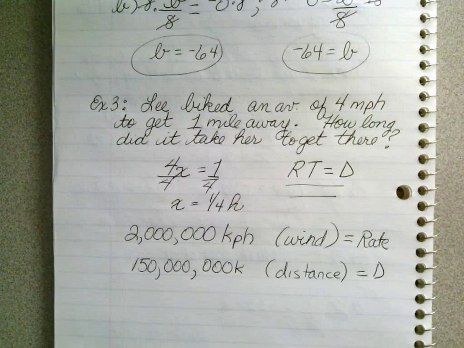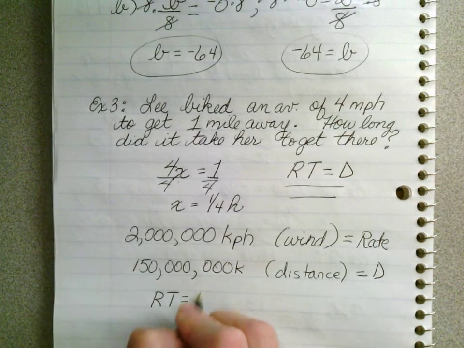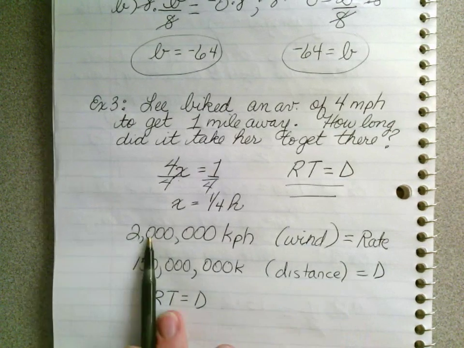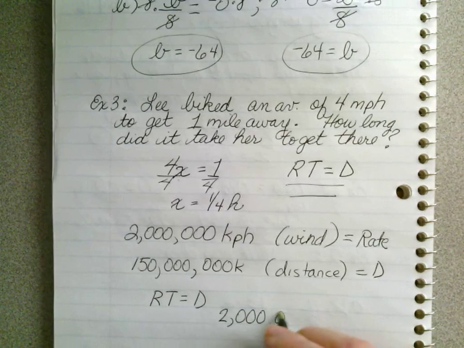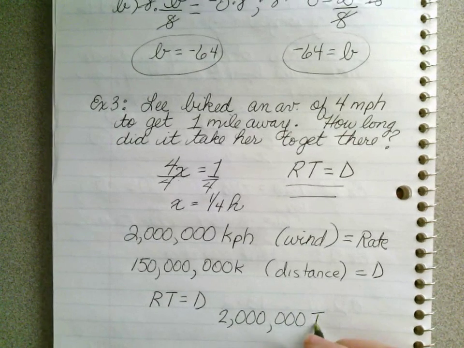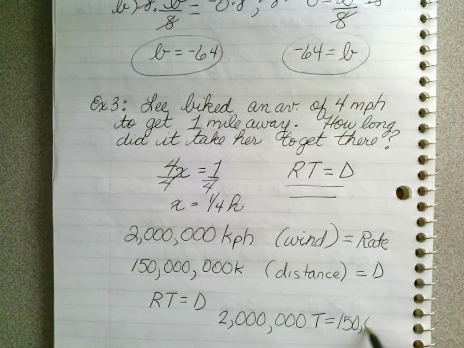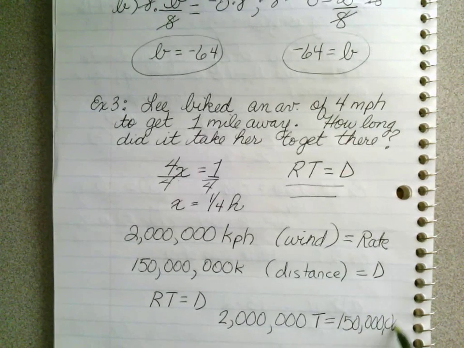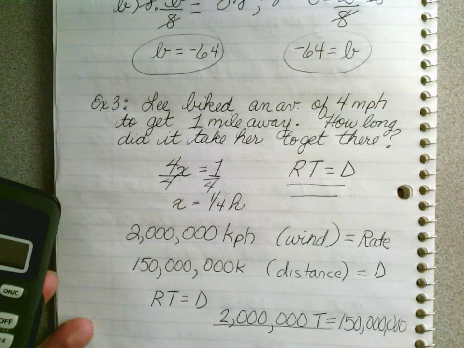Sounds like time to me. Time. So if rate multiplied by time is equal to distance, and I know the rate, wow, it's a lot of zeros, but I don't know the time, and there's the distance, I can take all that and solve.